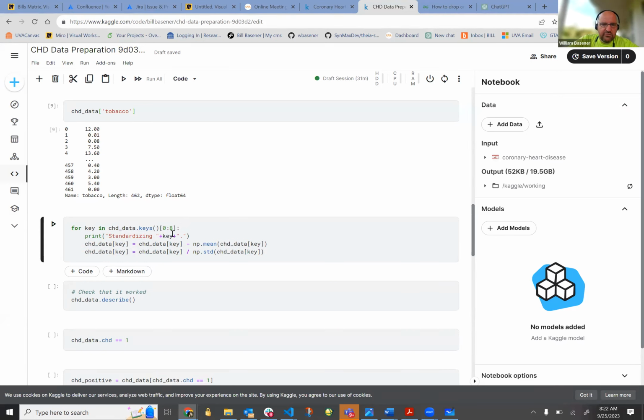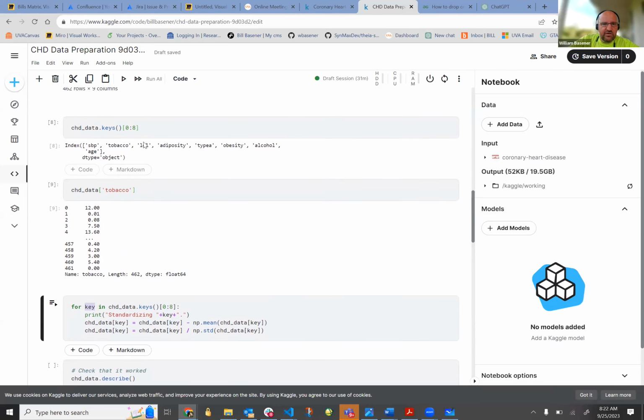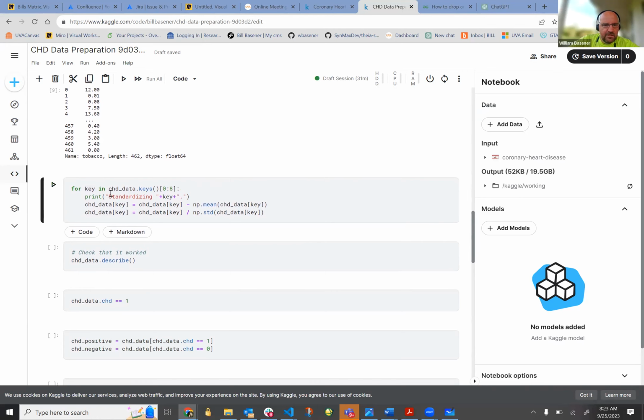Each time it goes through, this key is going to take on the next value from this list up here in this index. Each time it's going to print standardizing, then this text, and then plus key, which is a string, so it just adds that in.